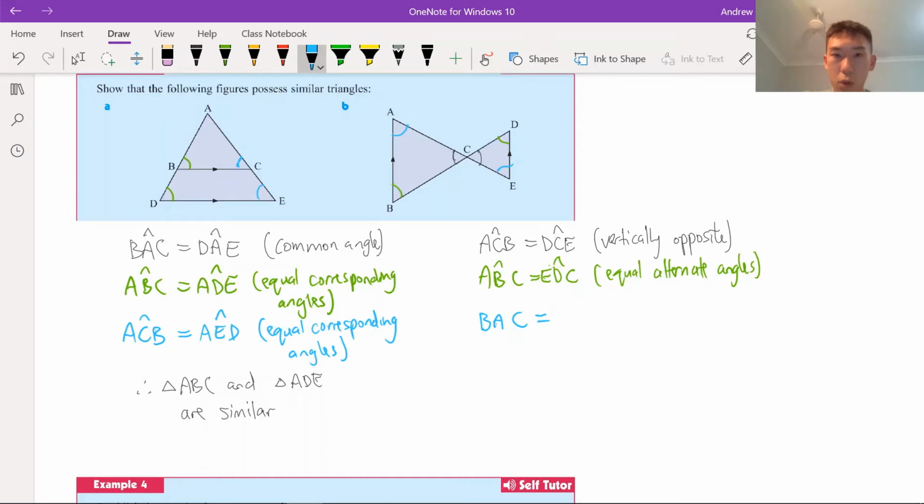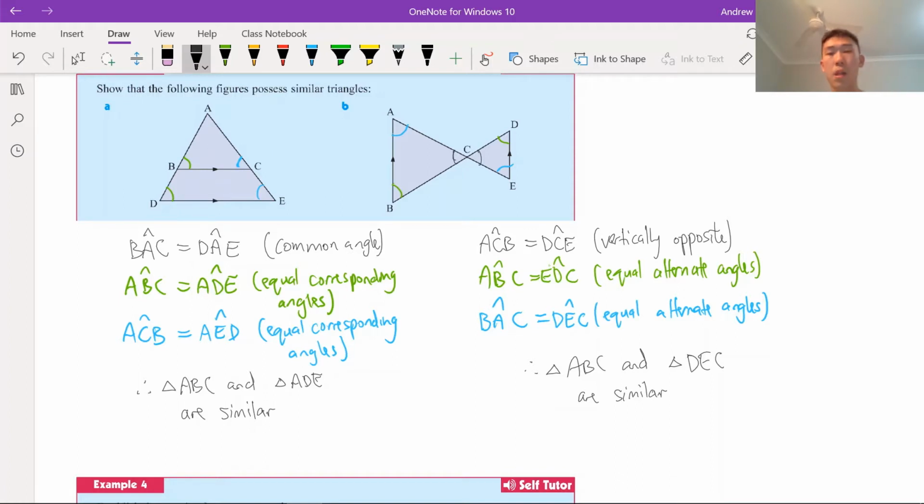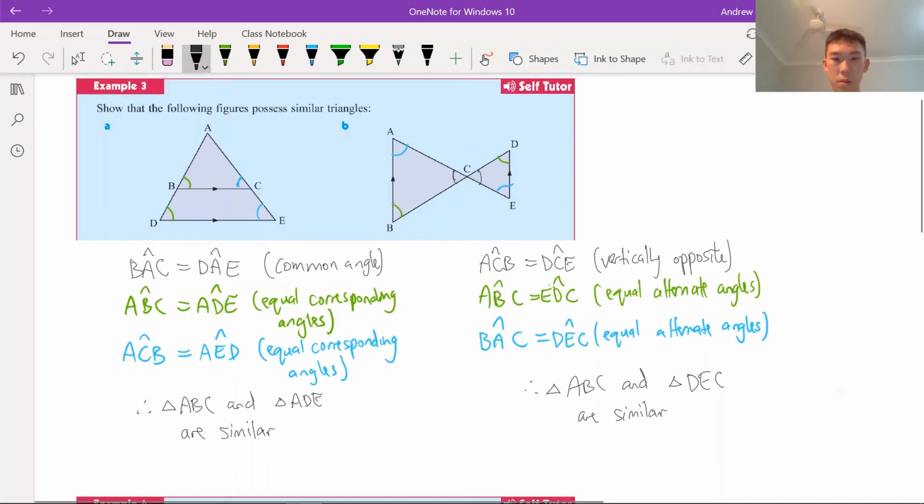And now angle BAC is going to be equal to angle DEC with the same reason as above, equal alternate angles. A lot of writing here in these proofs. Okay, so again, that means triangle ABC and triangle DEC, I'm just using my words here, similar. Cool. Simple as that.